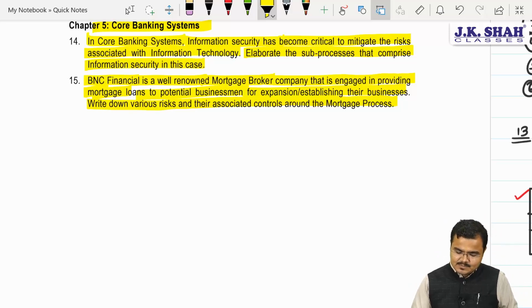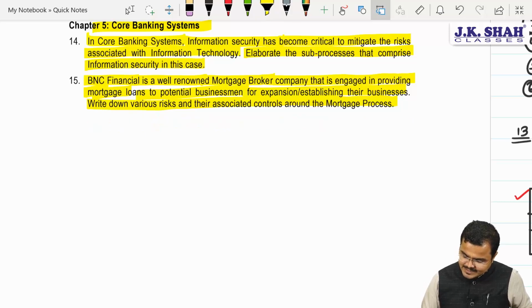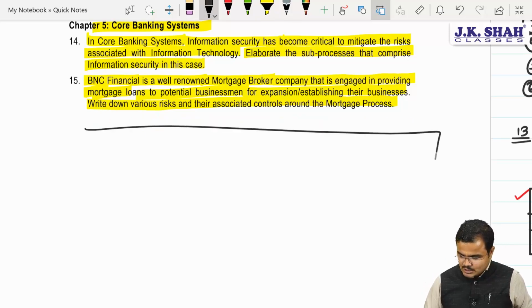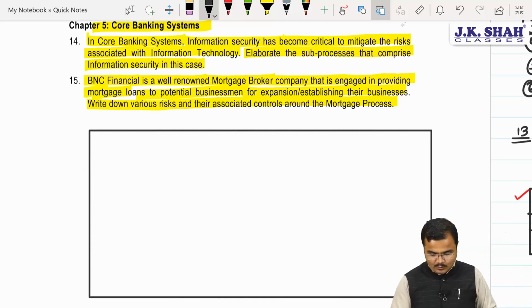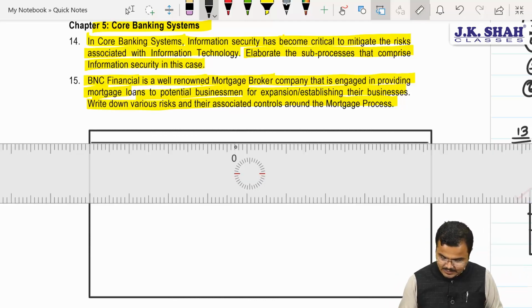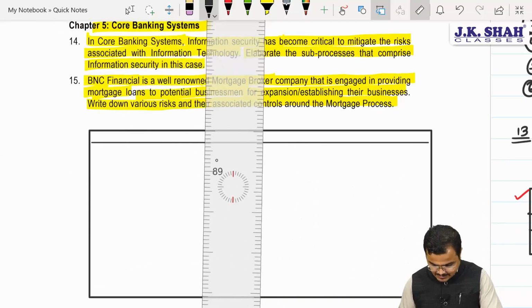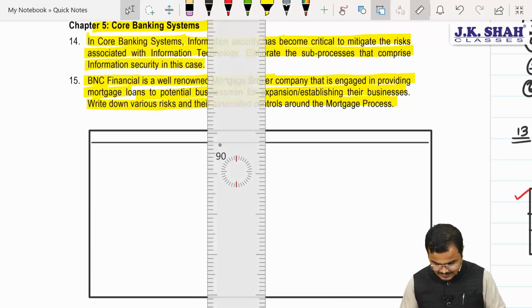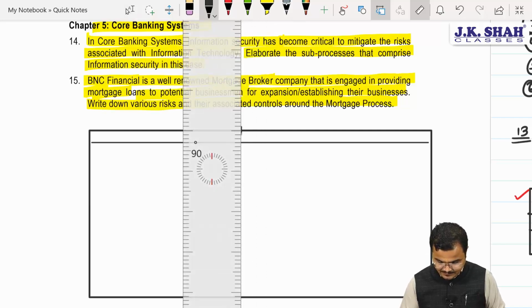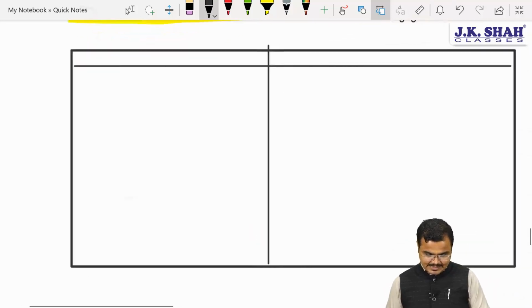But whenever mortgage loans are given, various types of risk arise that the business organization has to manage. So we will figure out the risks as well as the associated controls by which we would be able to minimize the impact of risk. Agree? Yes, sir.